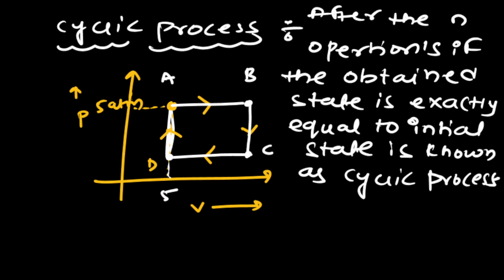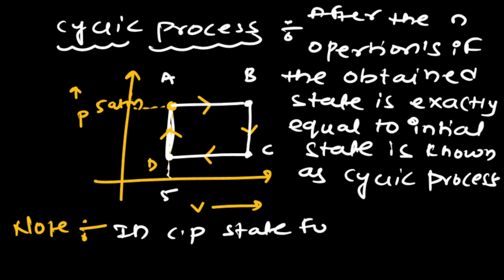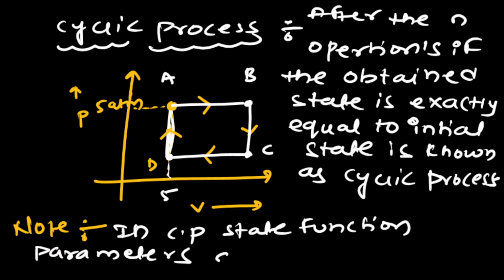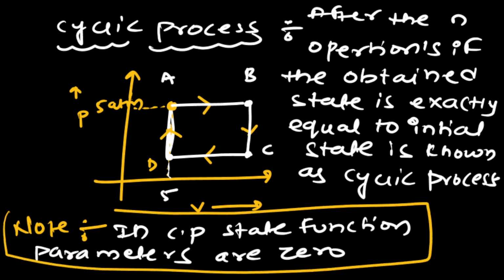Note, this is a very key point: in the cyclic process, the state function parameters are 0. Clear? This is known as a cyclic process.